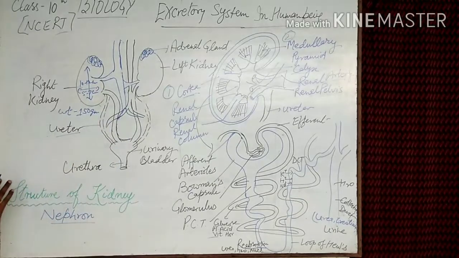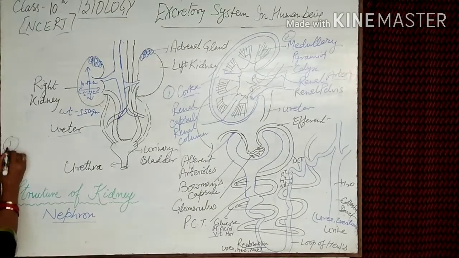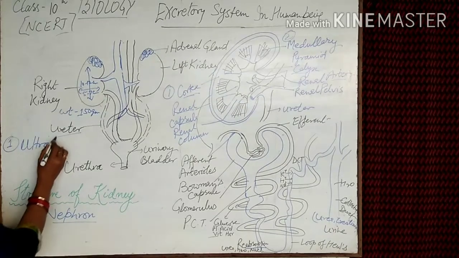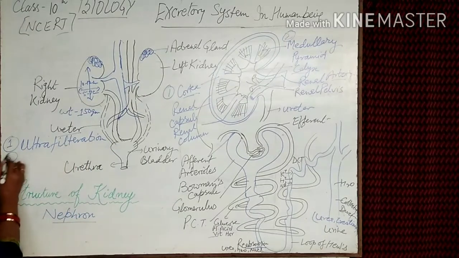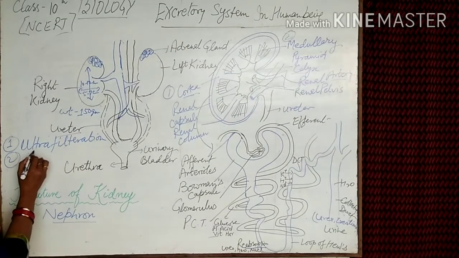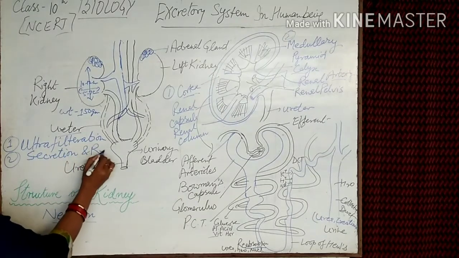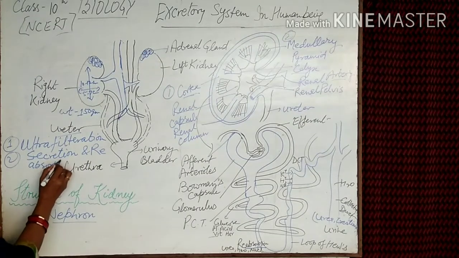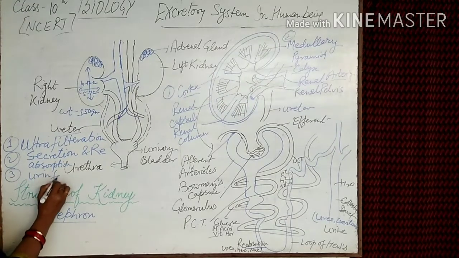The three main functions of the kidney are, first, ultrafiltration, second, secretion and reabsorption, and third, urine formation.